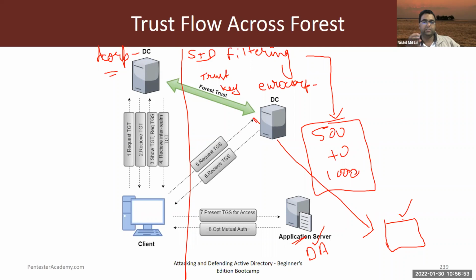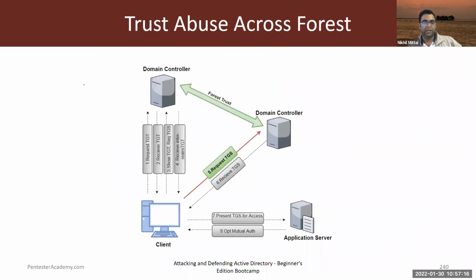All right, that is what you can achieve. Any explicitly shared resources that are shared with your current domain, even if it is shared with the domain administrators of your current domain, you would be able to go ahead and access them. That is the best you can do across a forest trust. The commands are exactly the same.